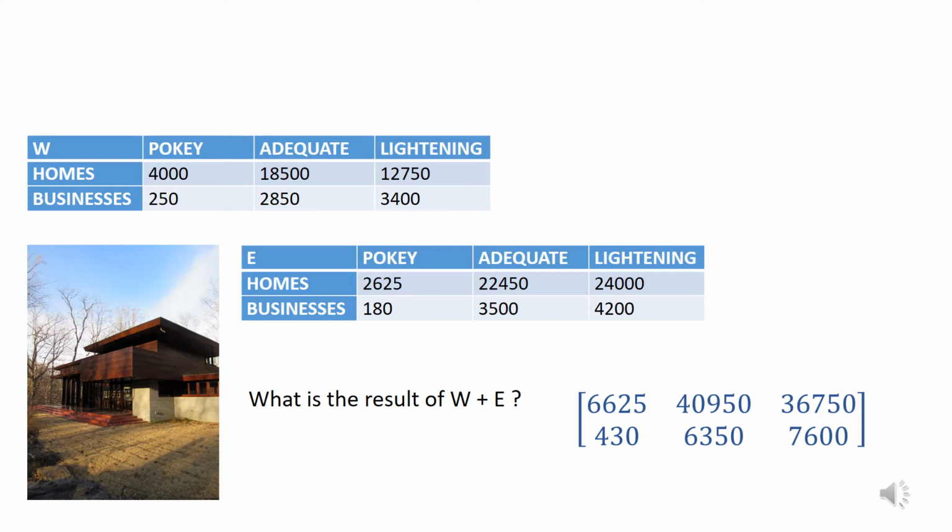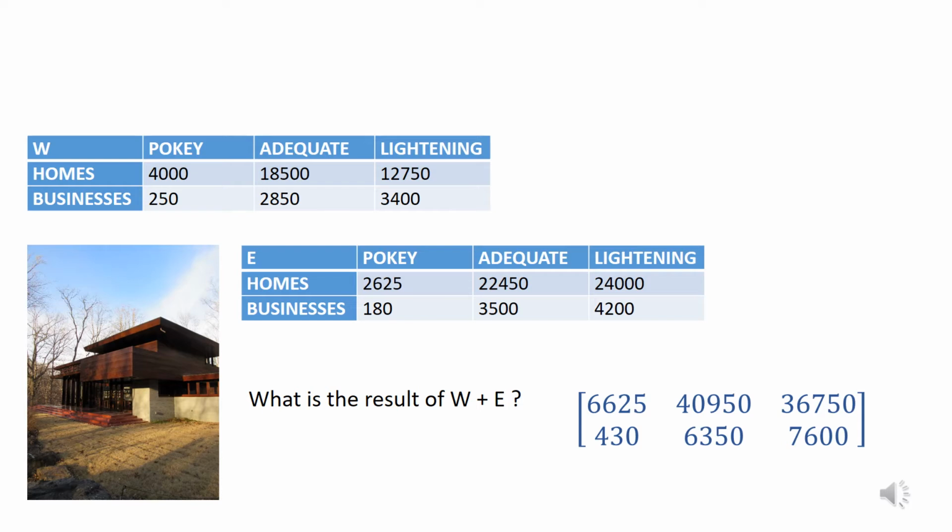So if I add the like locations, 4,000 plus 2,625, I get 6,625 in my sum. If I add 18,500 to 22,450, I get 40,950. If we add 12,750 to 24,000, I get 36,750.